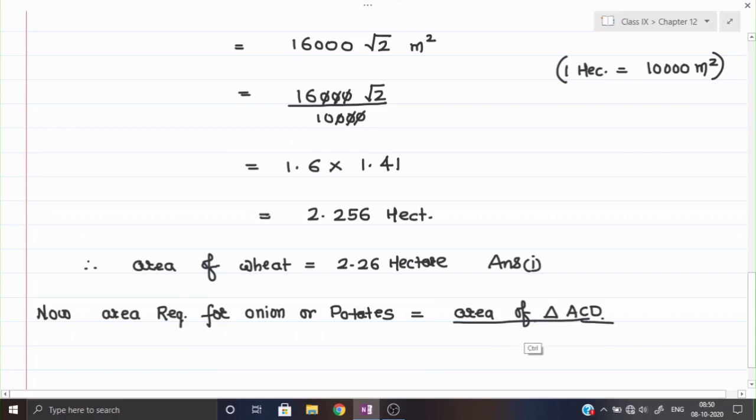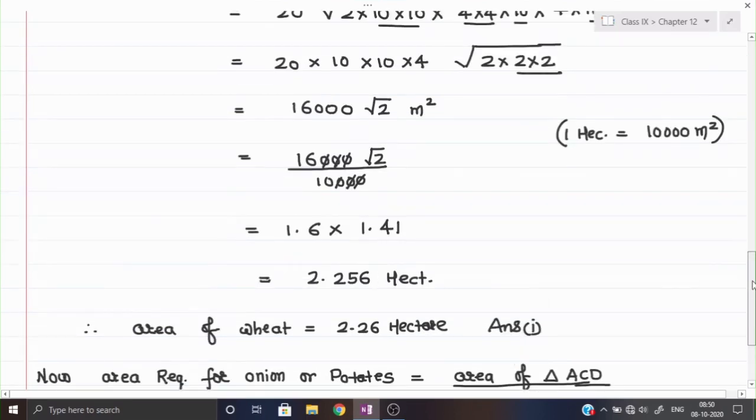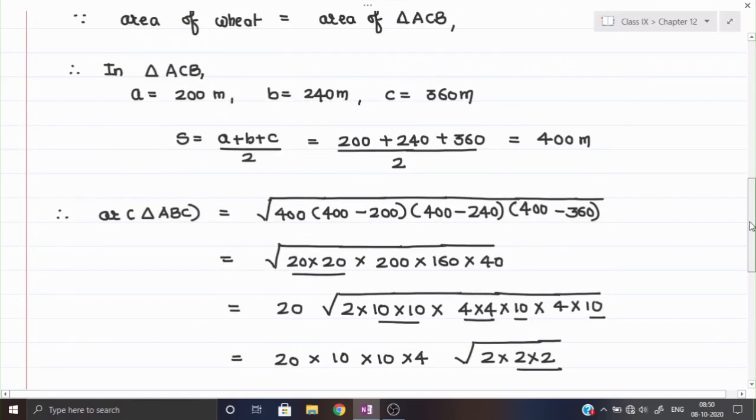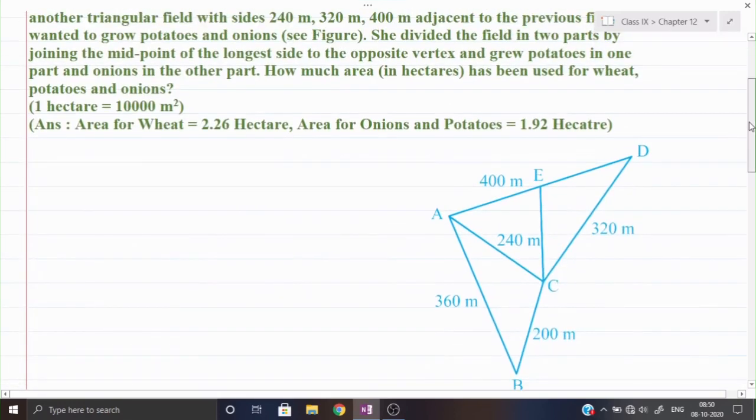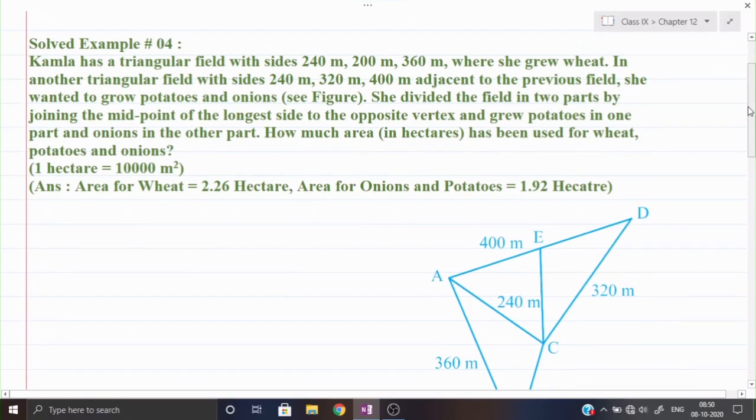Divide by 2, because triangle ACD is the whole area. Since we are dividing by 2, we are getting the area of this one field. Okay, so why am I dividing the area of triangle ACD by 2? Because ACD has been divided into two parts. ACD we are dividing into two equal parts.